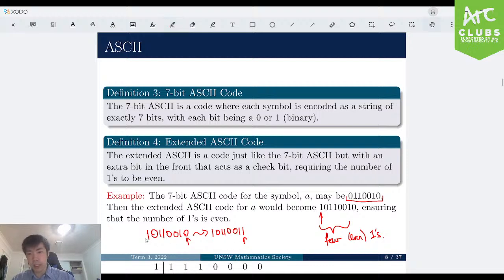This check bit ensured that there were 4 1s in our code word. But now, since this last zero got corrupted into a 1, there are 5 1s in this code word, which should indicate to us that there's an error. Because remember, the check bit should ensure that we always have an even number of 1s. And so, since there are 5 1s in this corrupted code word, we know that an error must have occurred.